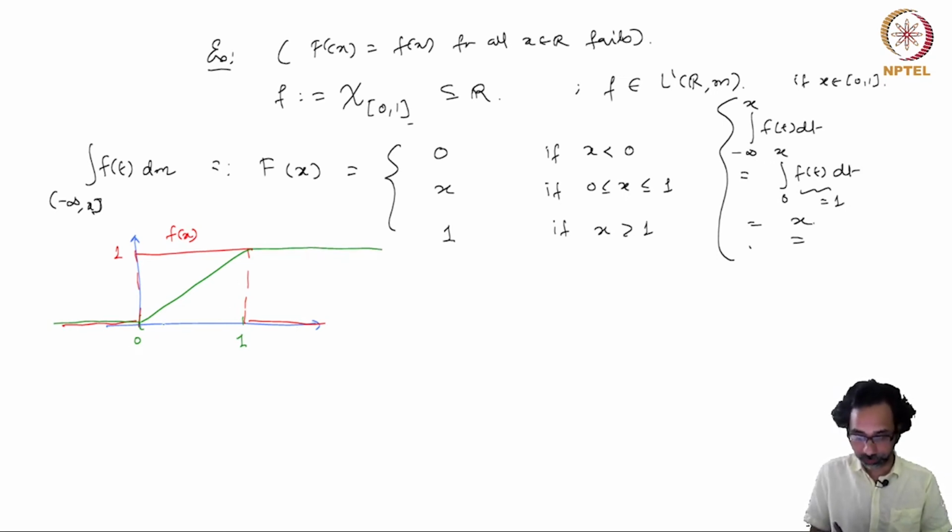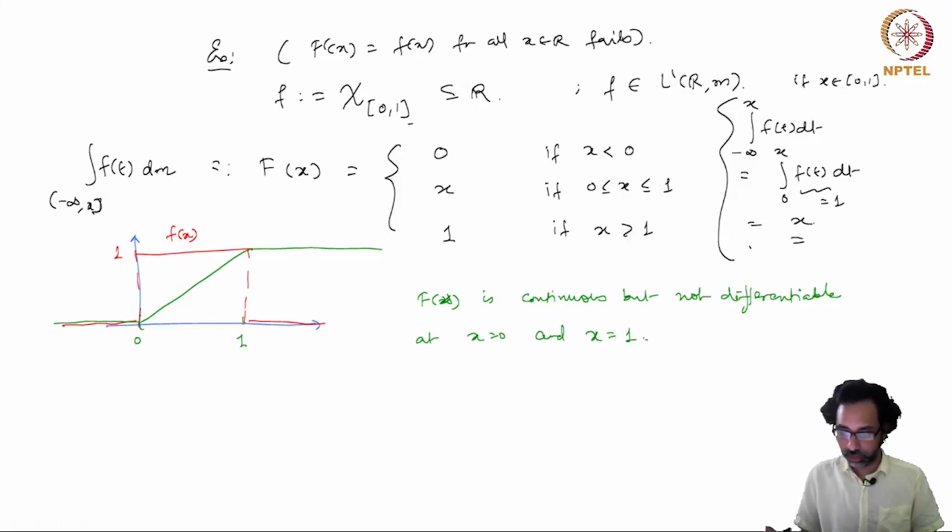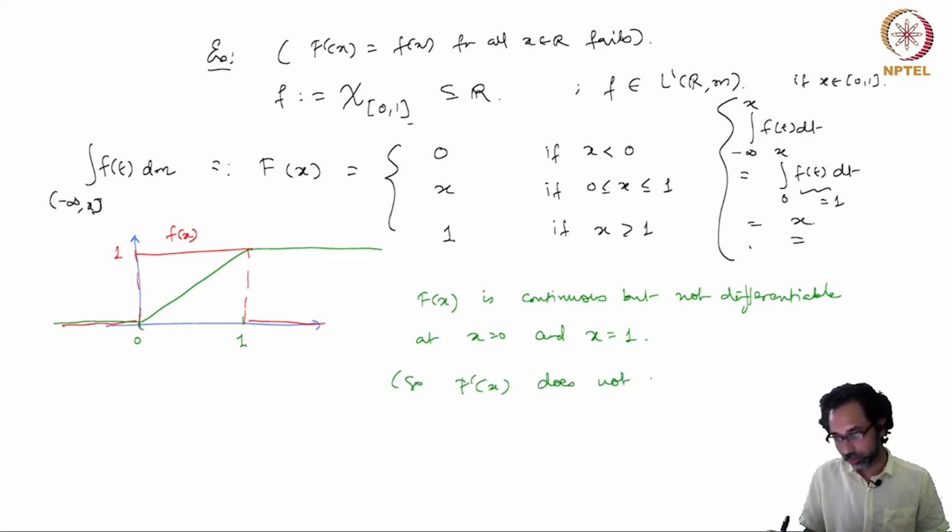So we can see that F of x is continuous, but not differentiable at x equal to 0 and x equal to 1. And so F prime of x does not exist for all x in R.